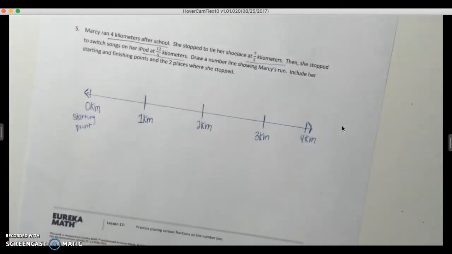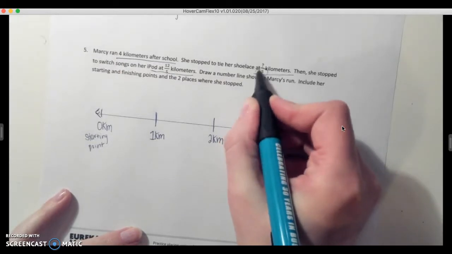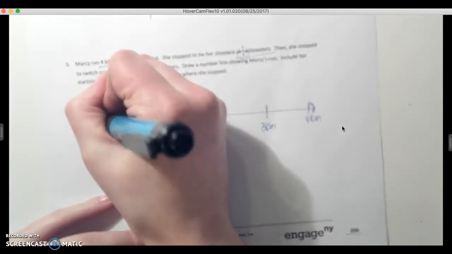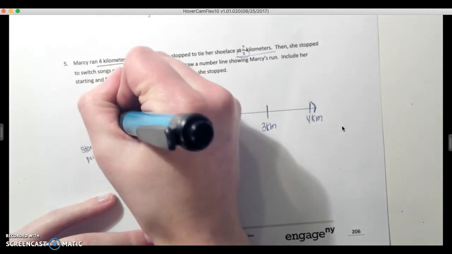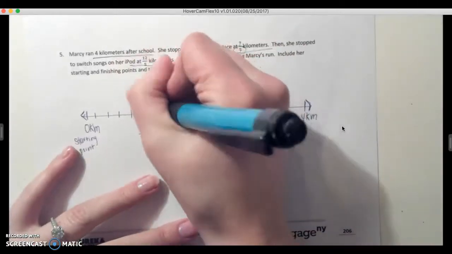All right, and then I'm going to split each of those equal parts into fifths because my denominator is a 5. So I'll split it into fifths. So I have 1 fifth, 2 fifths, 3 fifths, 4 fifths, 5 fifths.